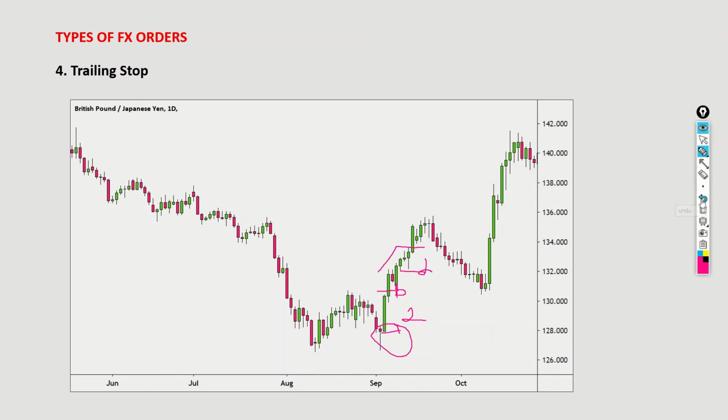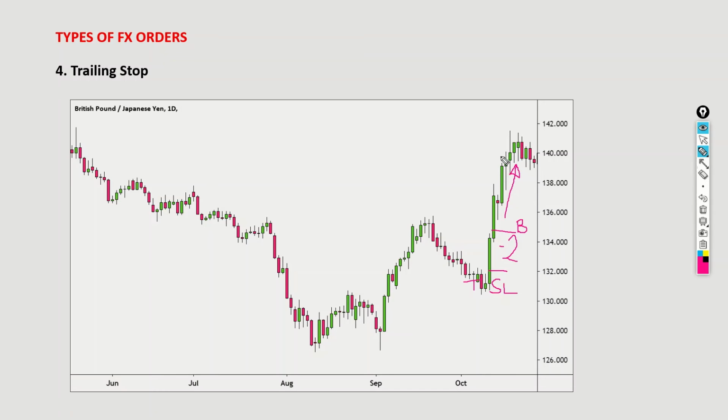All right, what I'm saying is if you put a buy order right there, and then you put a trailing stop loss right here, and this stop loss is 2 pips down, it is -2, and then the price moves up like that.